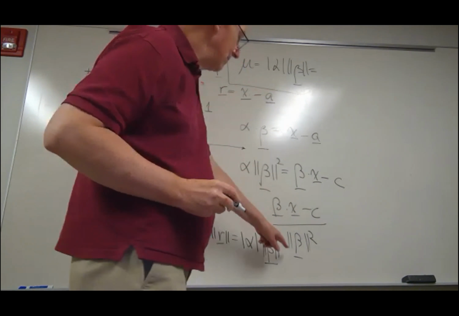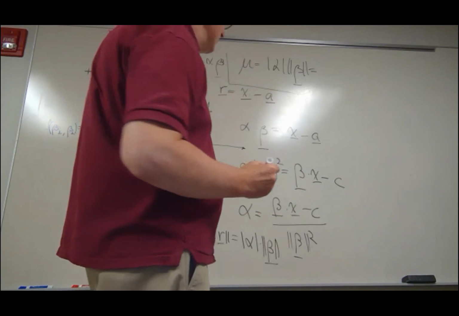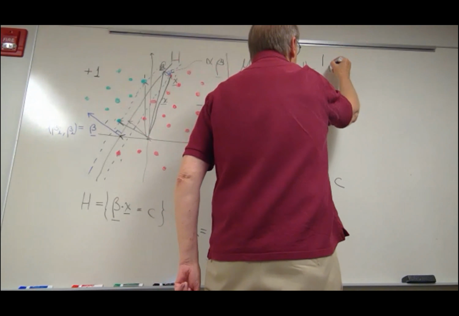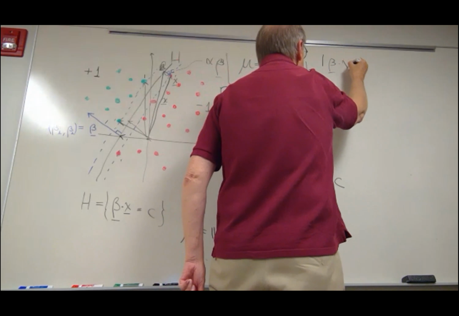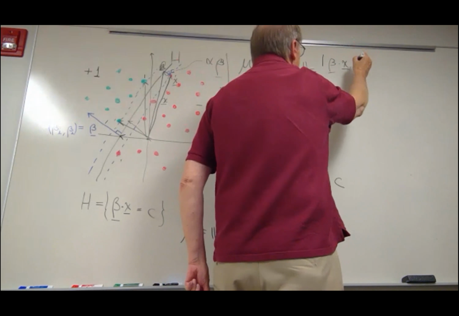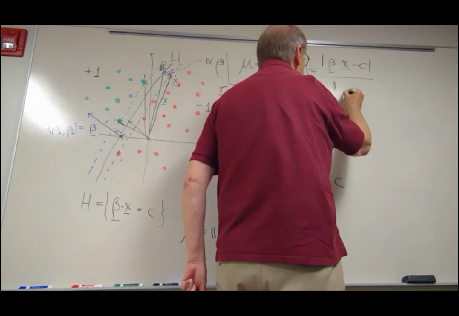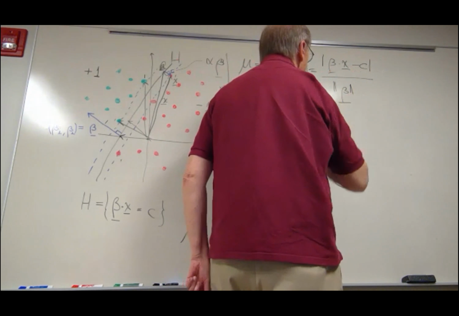So when I multiply by norm beta, I cancel one of the two things, so I get that this is equal to the absolute value of beta dot x minus c, divided by norm beta.